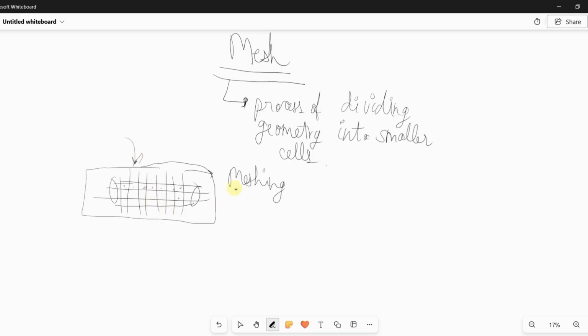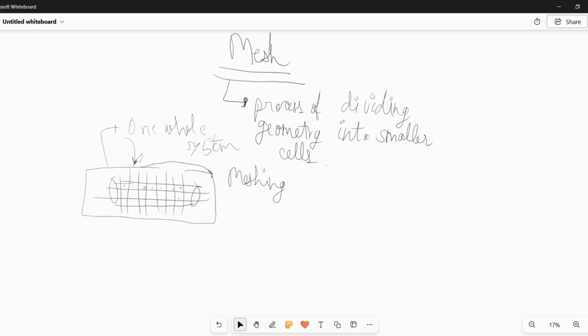You have to divide into mesh. And why is it necessary? It's all about accuracy. If you just keep it as a whole body, you can't apply an equation for one whole system. It's just impractical, because it will give you the most absurd answer.